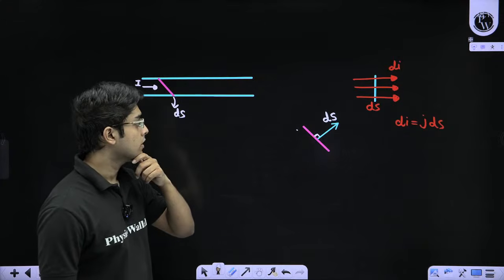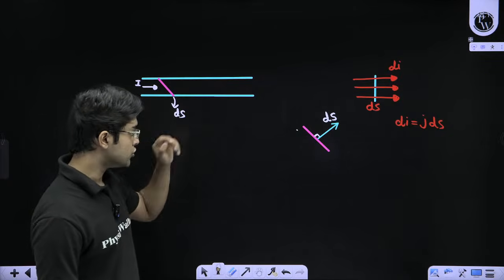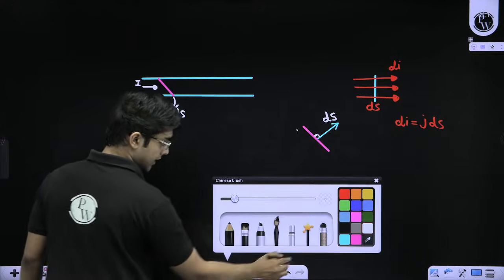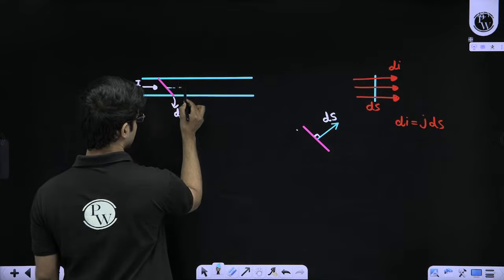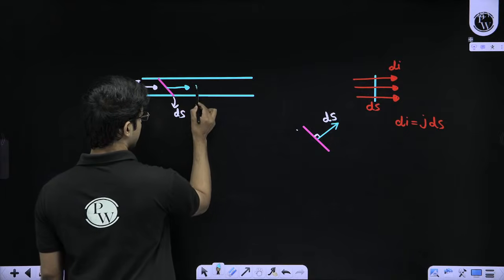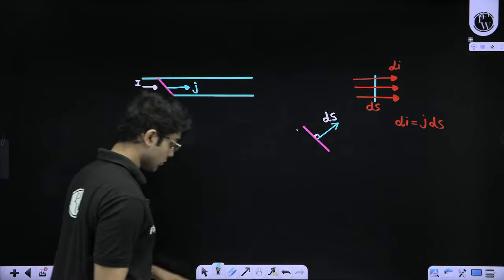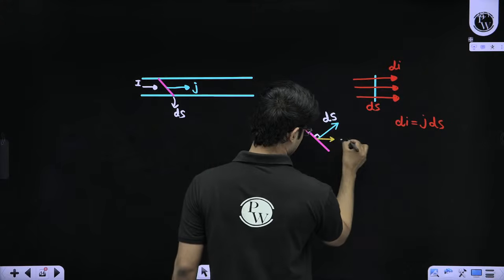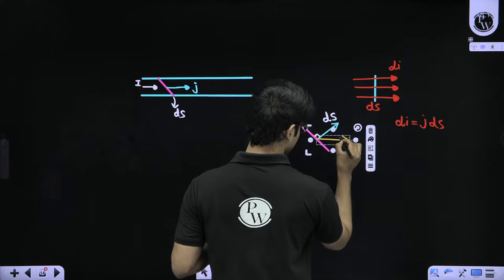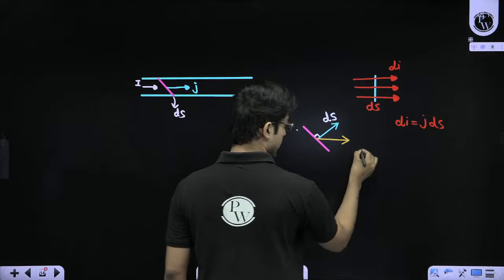Now, what is the direction of J? J's direction is the direction of current, which will be to the right. Current density will be J to the right.